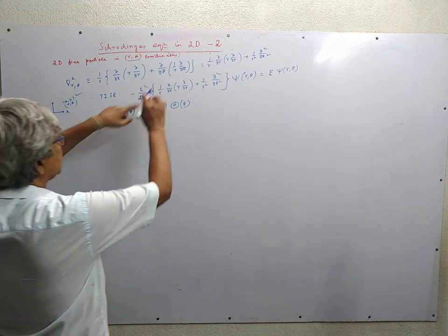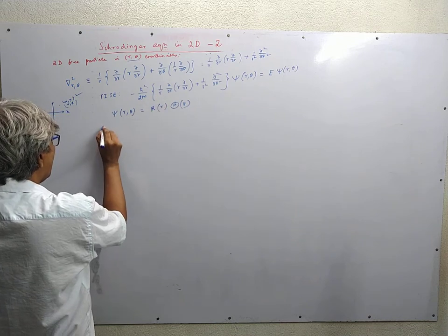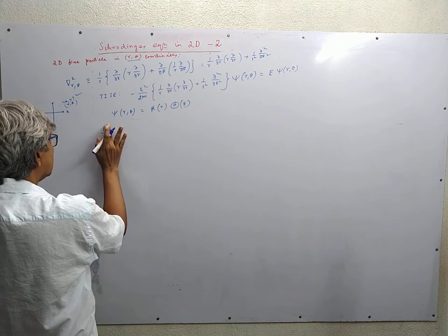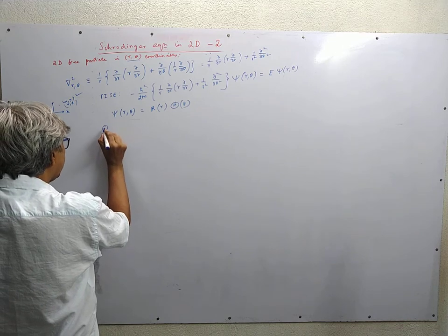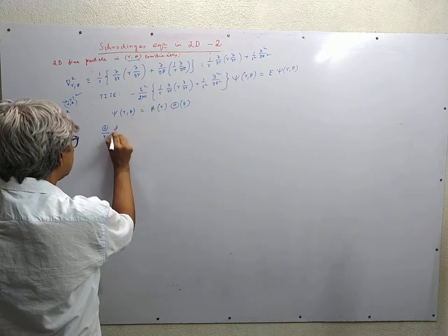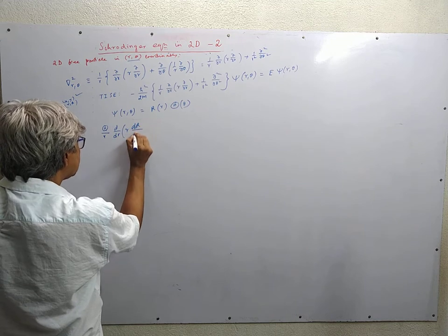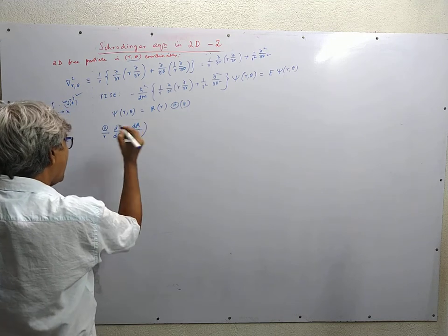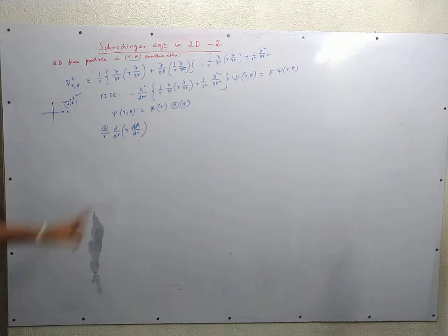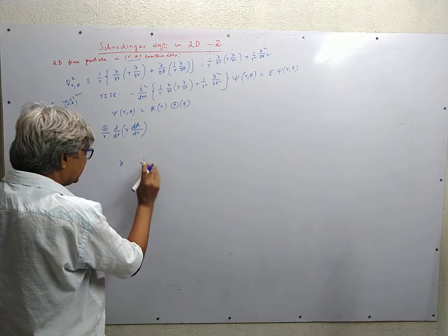When we plug this into the equation, we get capital R by capital Theta, this part, this is d dr of r dr. Since small r and capital R are functions of small r only, we are not using partial derivatives, we are not using del, but we are using d.